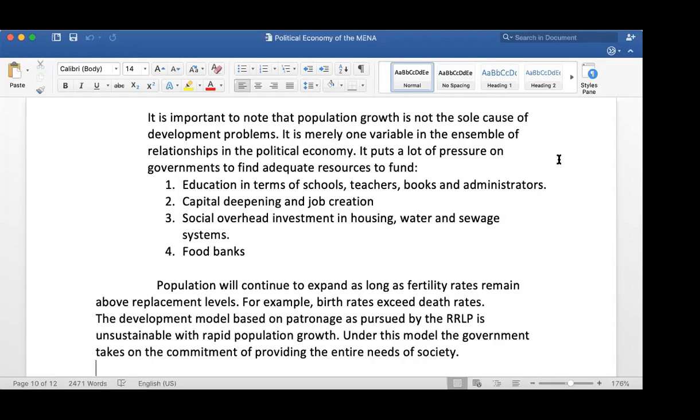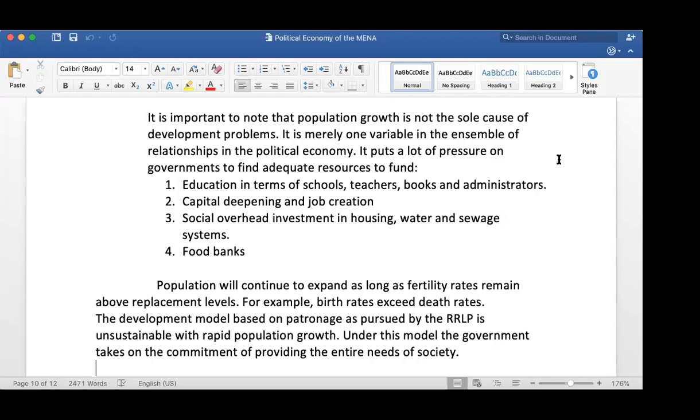It's not as powerful as your spending on the absorptive capacity of the economy to producing goods and services. So that's basically where economic growth lies.